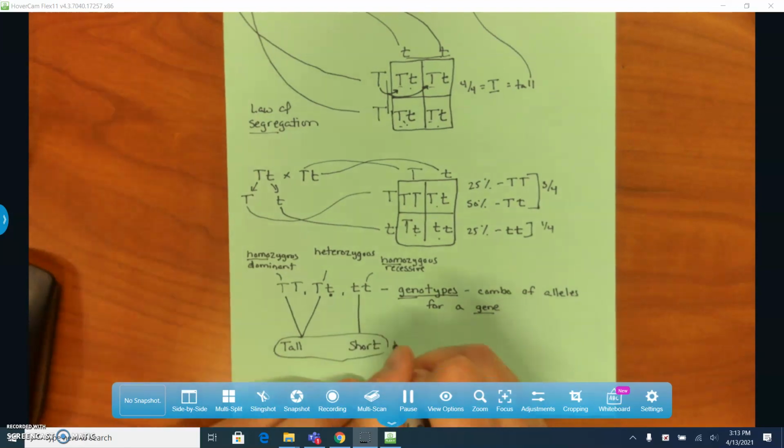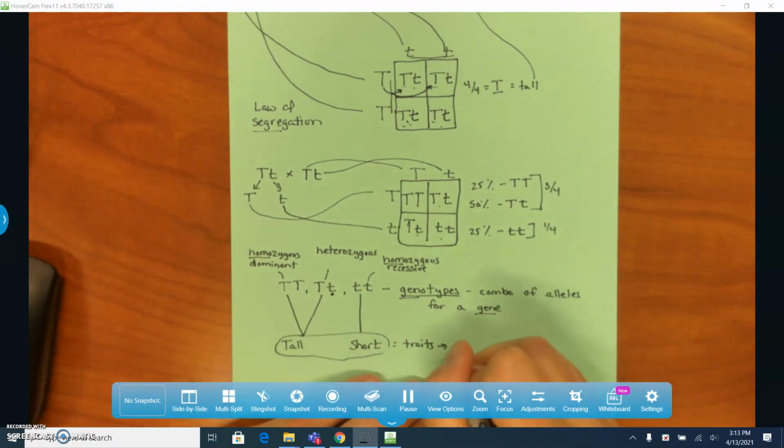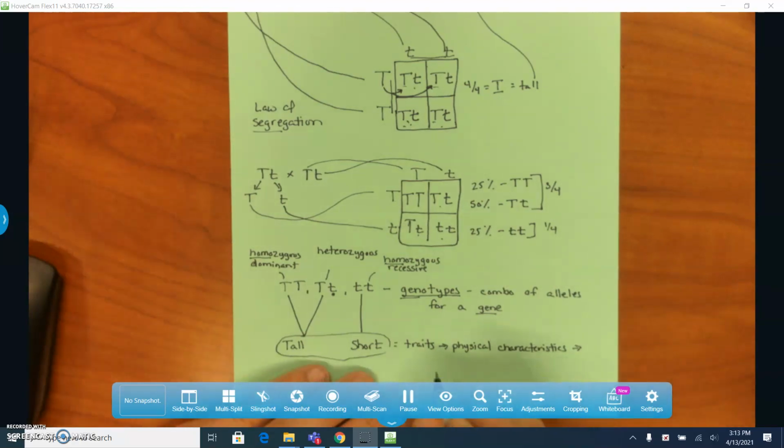And we know that those are the traits, which, as you recall from an earlier slide, are also known as physical characteristics and are also known as phenotypes. Pheno, physical.